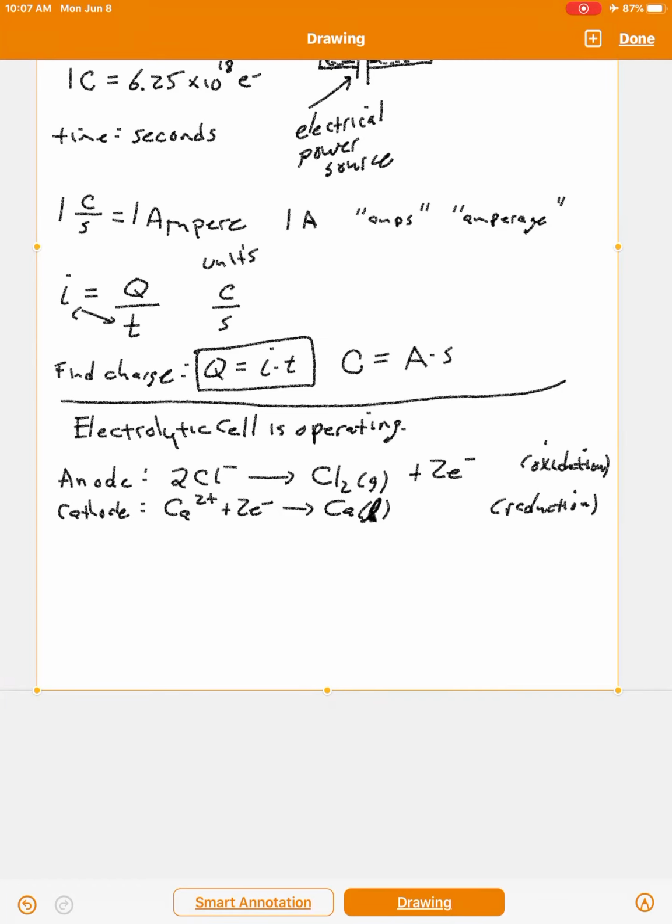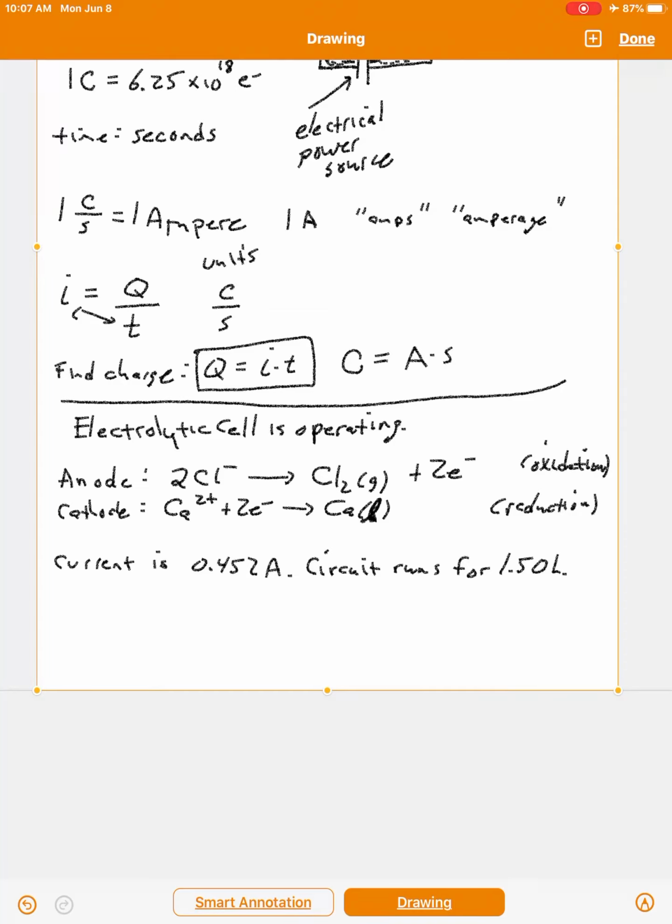Now I'm going to give you a little bit more information. We're going to run an electrical current, and the amount of current is 0.452 amperes. And the circuit, meaning the cell, runs for 1.50 hours.